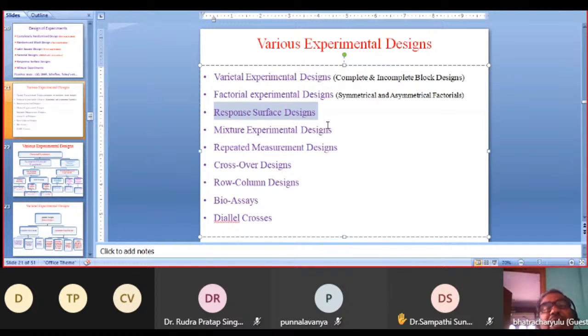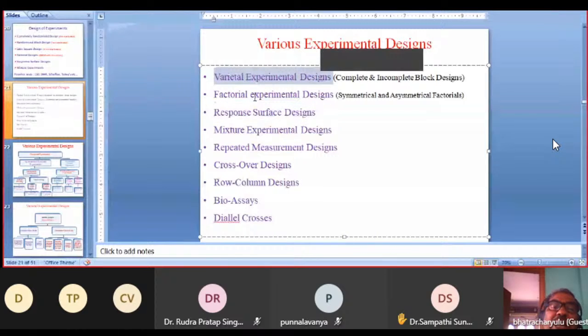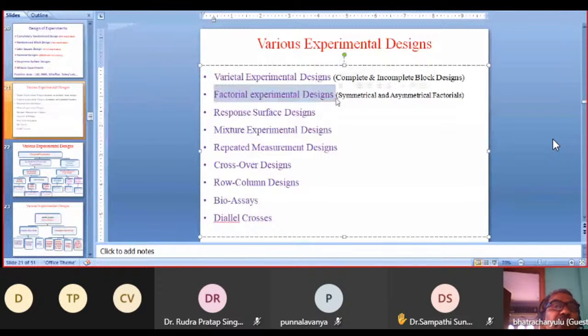We have a first order response surface design, but the polynomial equation may not be linear; it may be second order, third order, or fourth order. A second order polynomial is the statistical model we are going to use, whereas in varietal and factorial experiments we use only the linear statistical model. In response surface designs, polynomial equations are applicable, almost like a regression model.